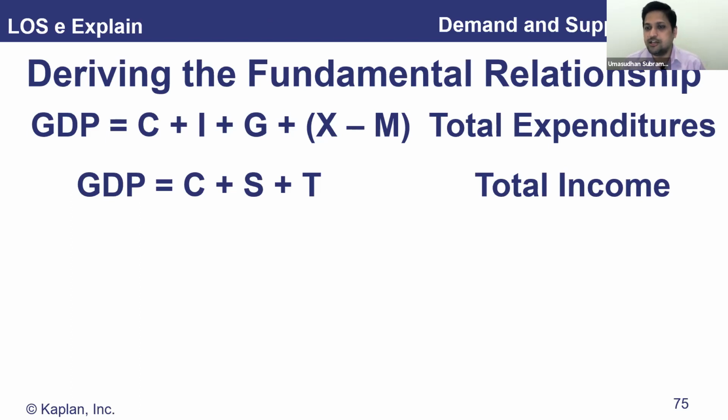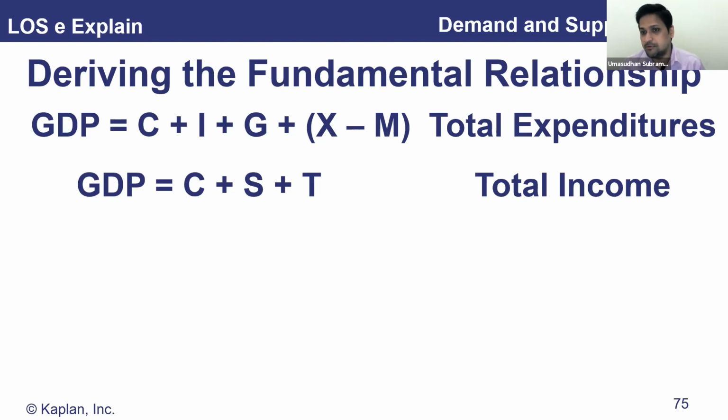In the expenditure approach, we calculate the value of goods and services using the final output, the final value of goods and services, or we can add the value added in each stage of production. We already spoke about it. That is your expenditure approach.